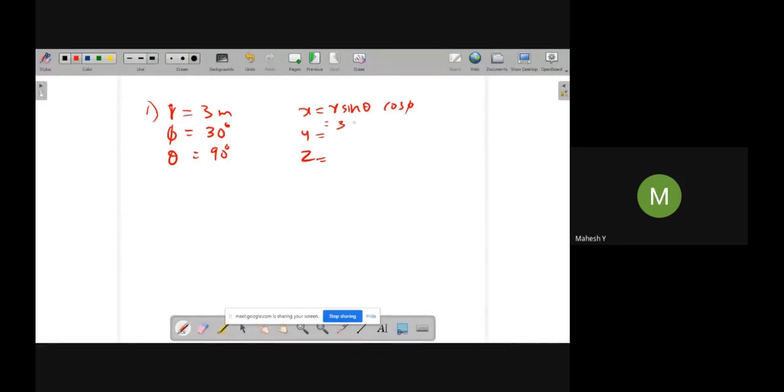That is 3 into sin 90 degree into cos 30 degree.